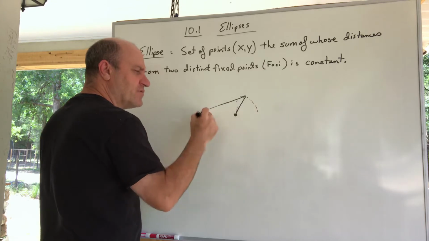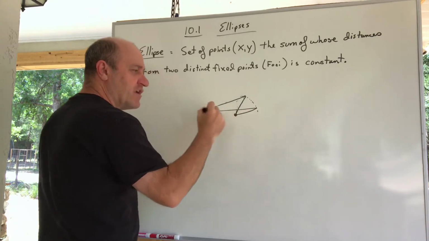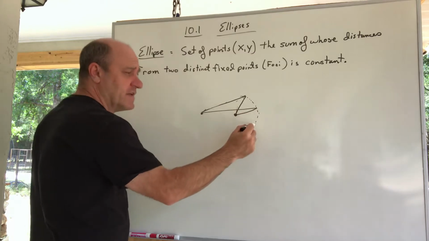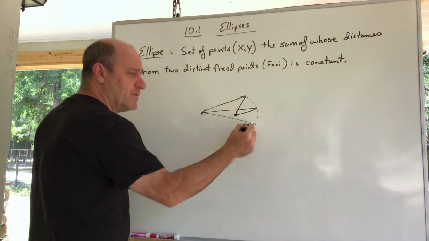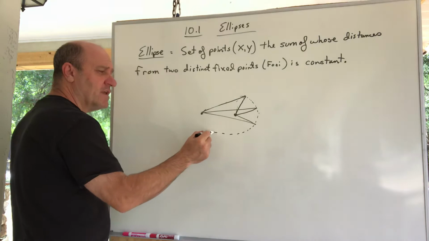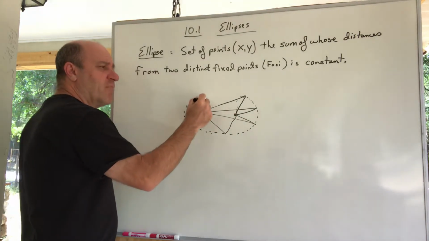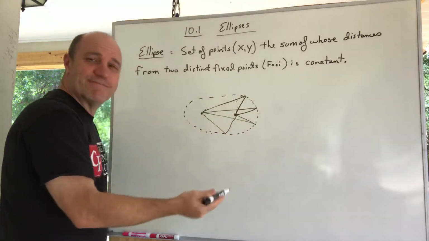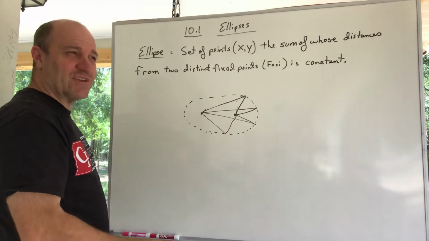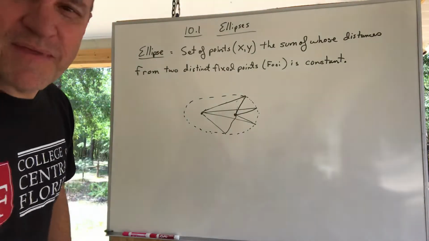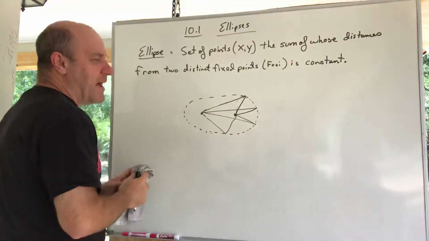As you trace around, the sum of those two distances remains constant as you find the set of points on the ellipse. So you can actually construct one on the ground or on a piece of paper if you have some way to do that. Cool.